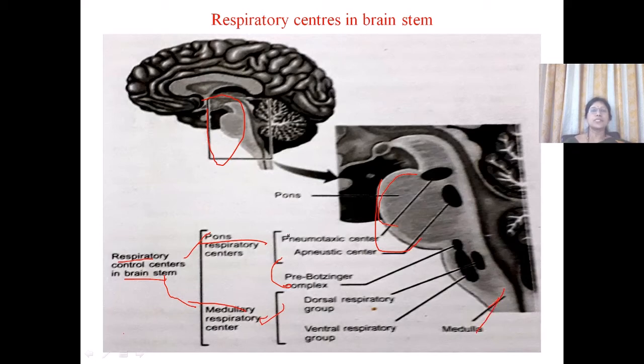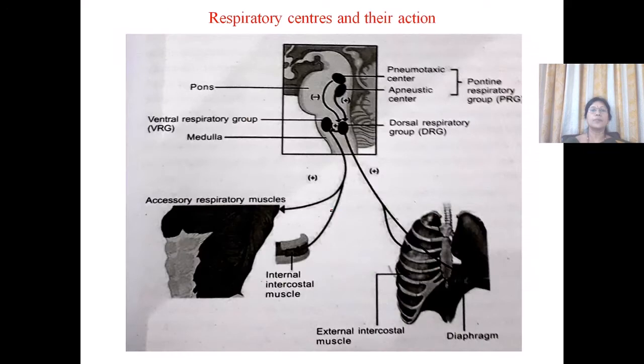Pons has two centers, namely pneumotaxic center, and this is the apneustic center. And in the medullary respiratory center, we can see the pre-Bötzinger complex, VRG, that is the ventral respiratory group, and dorsal respiratory group.